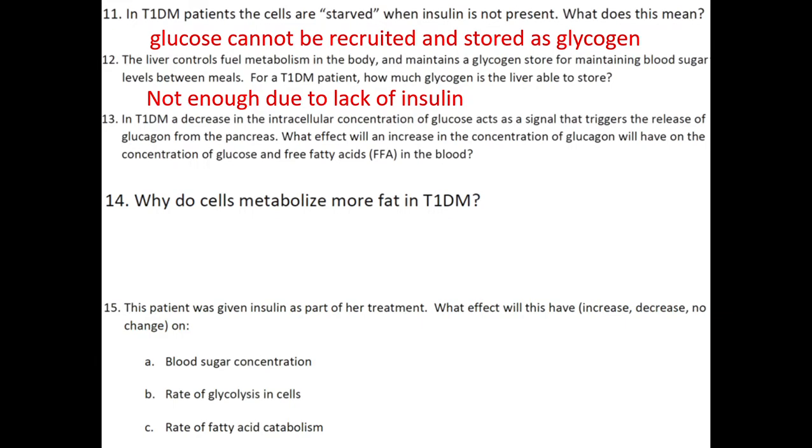Again, a decrease of glucose level will activate glucagon. And what is the function of glucagon? Let's look at the picture. It will release glucose. Alright. So that means the level of glucose will increase. But what about fatty acids? What about free fatty acids?